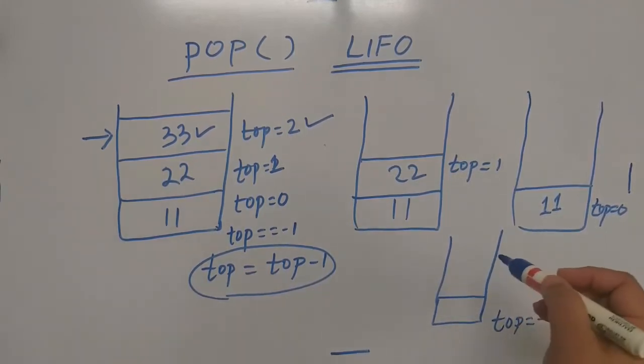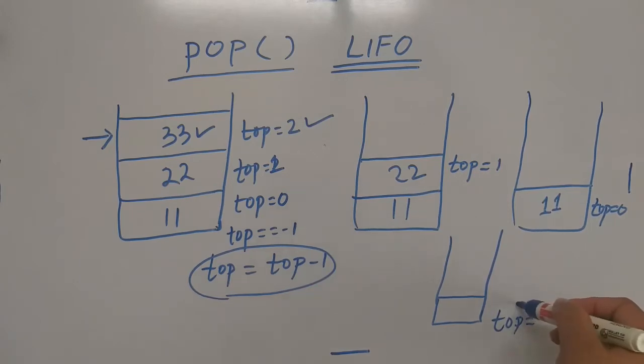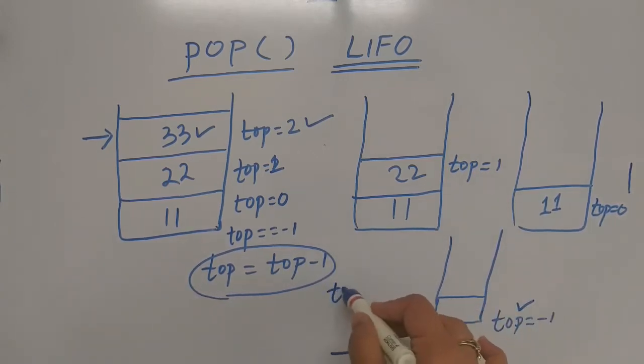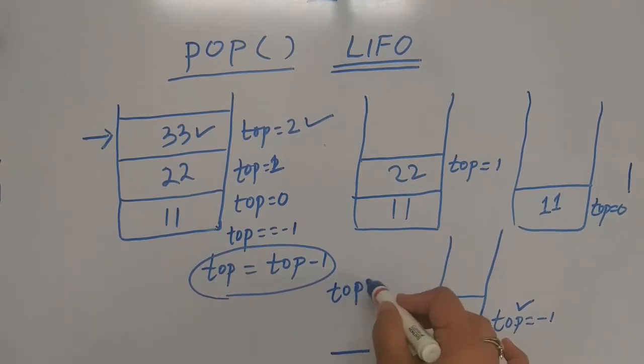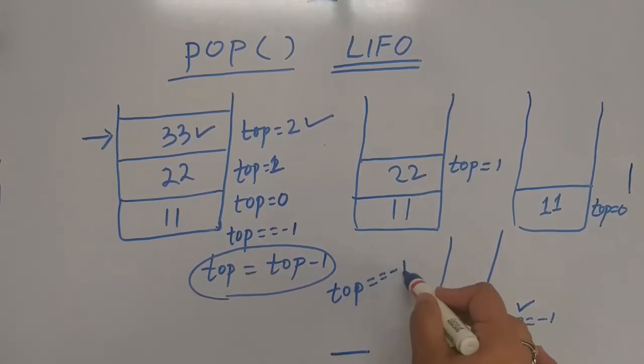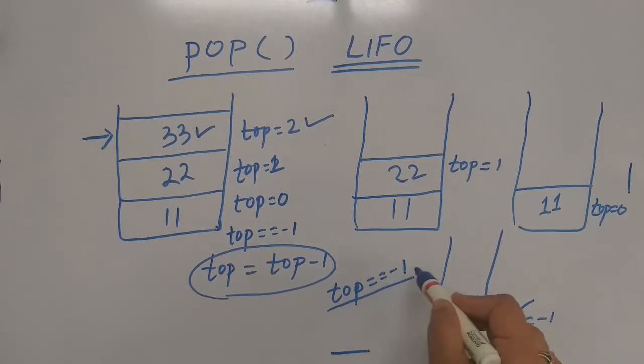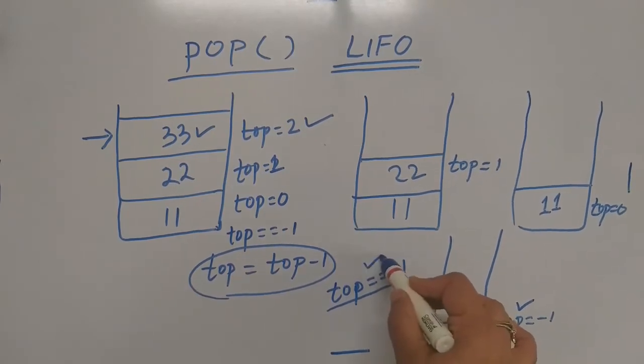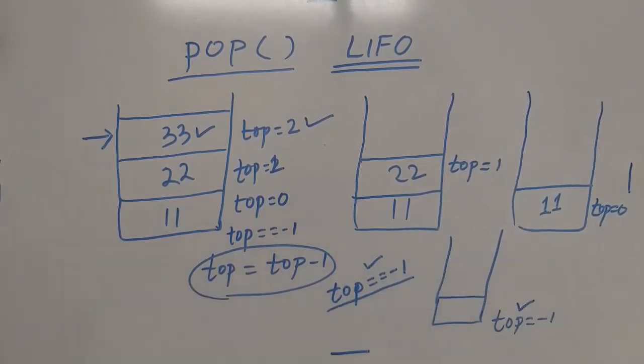In this condition we check if top is equal to minus 1. If it is equal to minus 1, we know the stack is empty, so further deletion is not possible.